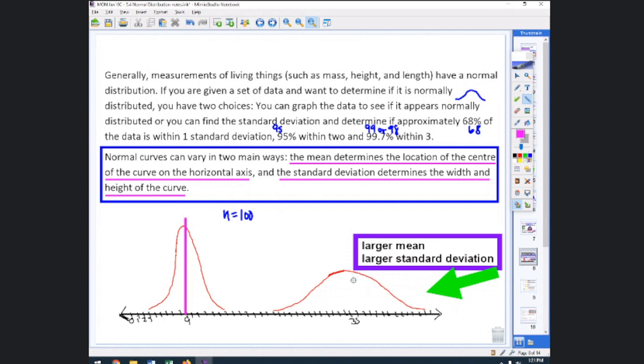The mean for this guy looks like it might be more like 33-ish. Sorry, that's really crooked. So this mean is 9, this mean is 35. So that's the first one, here's the second one.